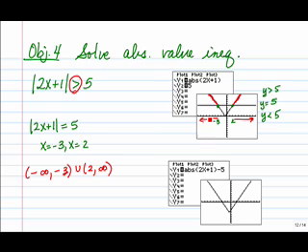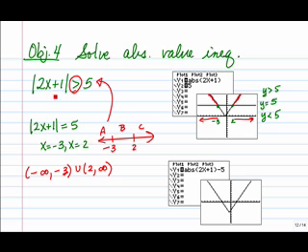If you wanted to do it algebraically, you could test points. Do you remember that? Like if you think about negative 3 and 2 as being numbers on the number line, and then test a point from each region in the original inequality to see where I get a solution or non-solution. Another way you can do this is actually using a compound inequality.